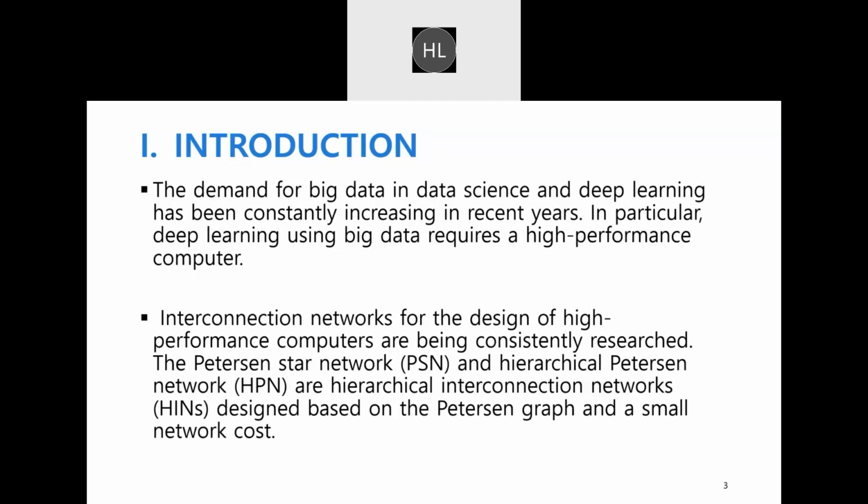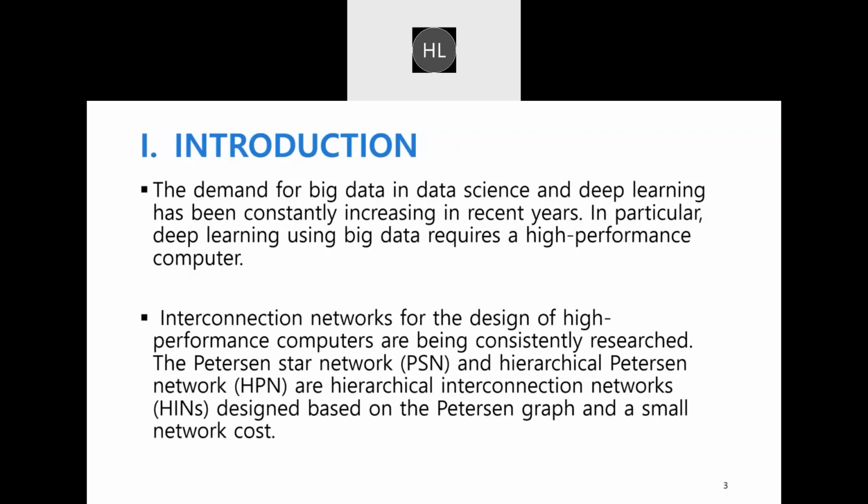In particular, deep learning uses big data that requires a high performance computer with a high computational ability, because it requires high computational amounts with high performance CPUs and GPUs. And interconnection networks for the design of high performance computers are being consistently researched.